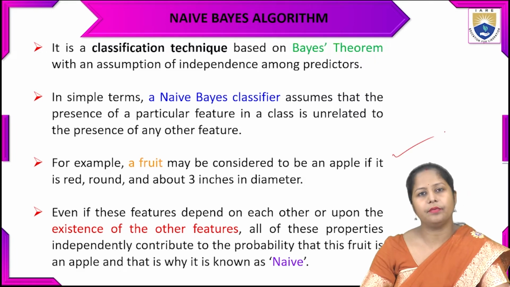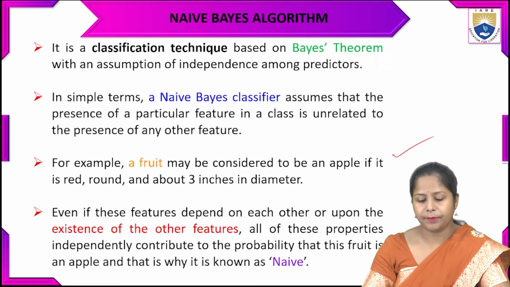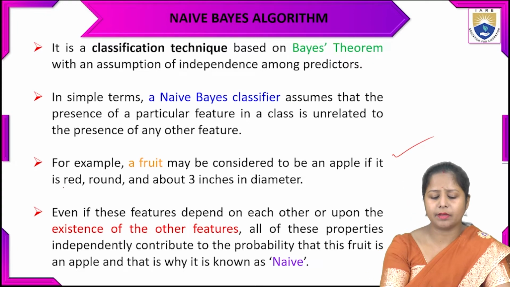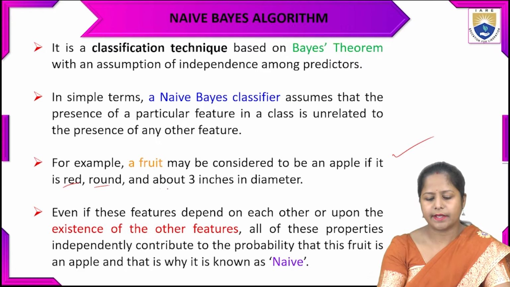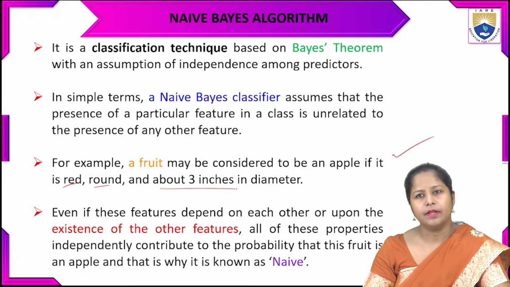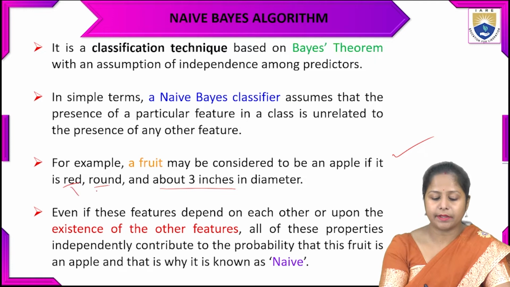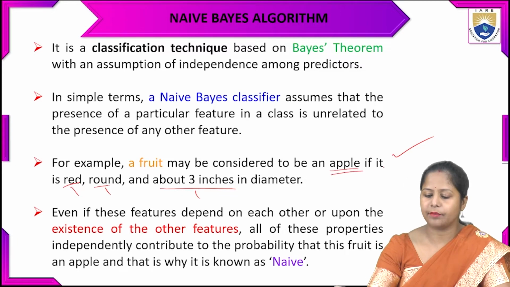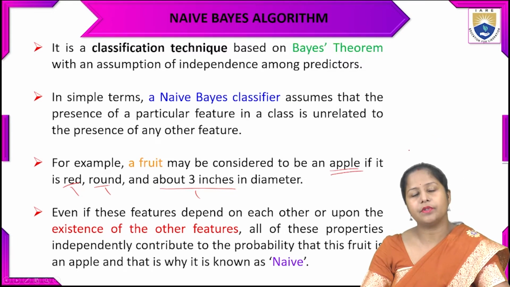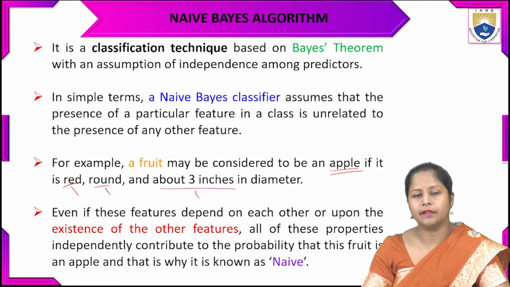For example, take a fruit that has some properties: it is red, it is round, and it is about 3 inches in diameter. We have to check whether that particular fruit is an apple or not. We check these properties for the classification, and then it goes into the class of apple.